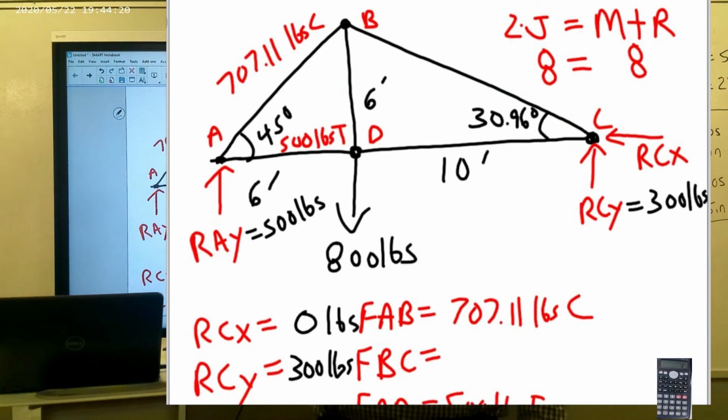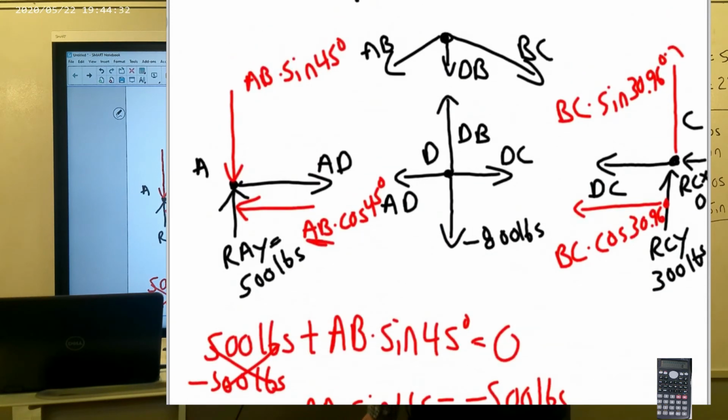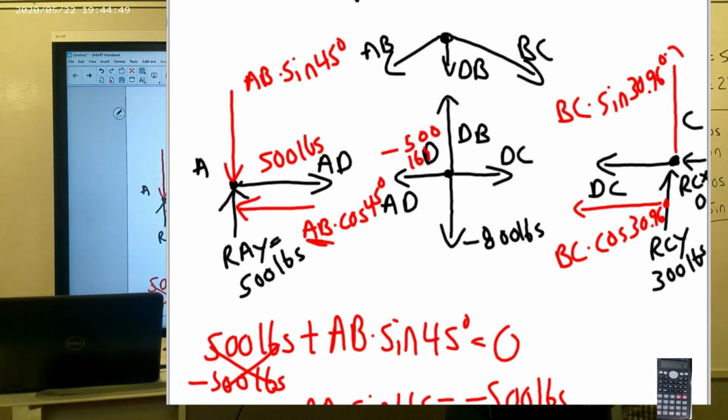So now we're ready to move on to our next free body diagram that we feel has the least number of unknown values. So let's go ahead and update our free body diagrams down here. So we do know now that AD is 500 pounds in the positive direction, and it's in tension, so it would be negative 500 pounds here, because it's acting in the negative x direction.